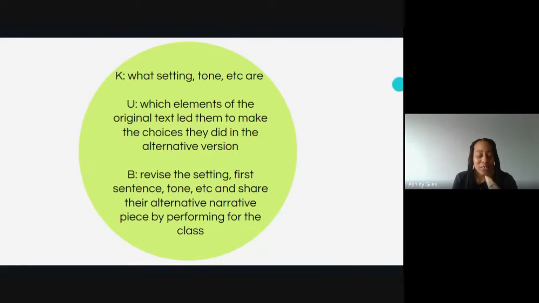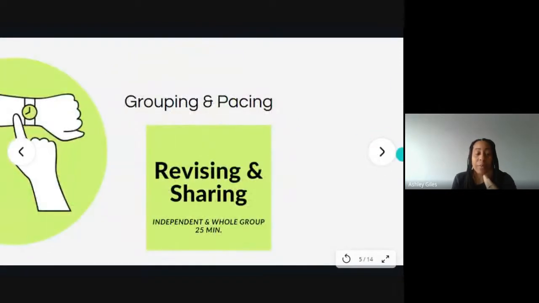So for the first part, remember in our previous lesson, students had to write an alternative scene, right? So the teacher will be handing back those journals. Students are going to refer back to that revised writing. And just like what Sarah said, the teacher is going to have them read the feedback.